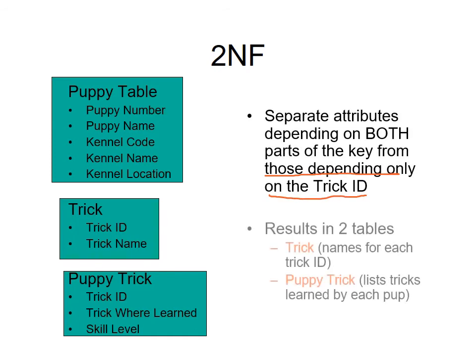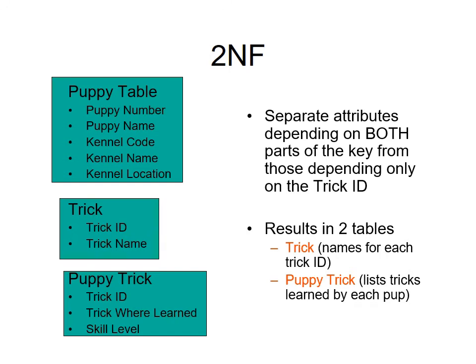So now we move that to second normal form. In doing that, we could start to further break them out, looking at the rule and evaluating the dependencies. We can now see a puppy table emerging, a trick table with a trick ID and a trick name, and a puppy trick table that will keep track of where they learned it and a skill level.